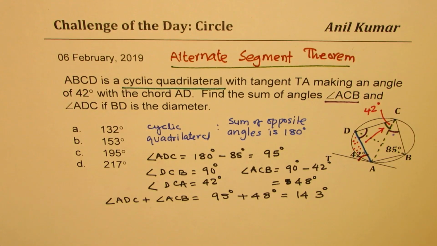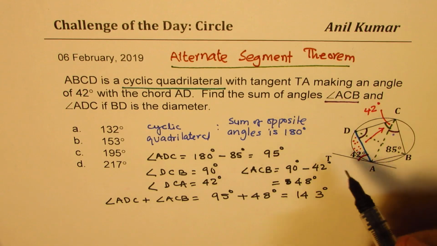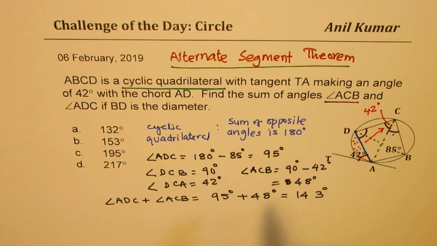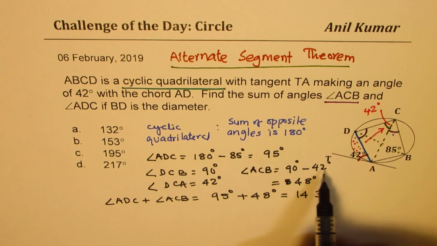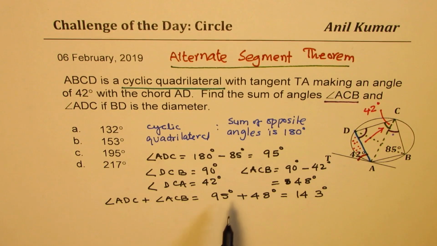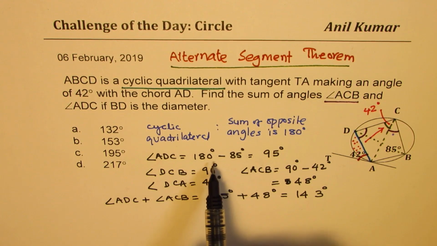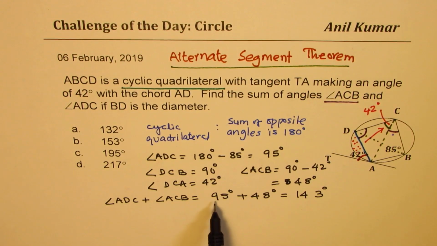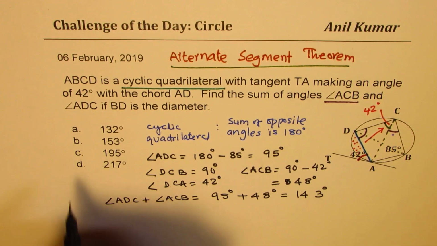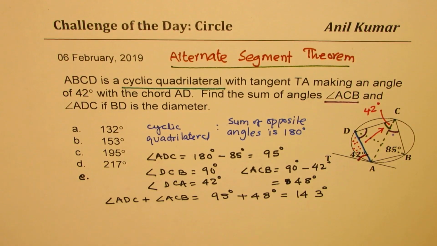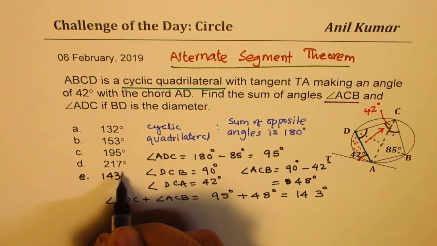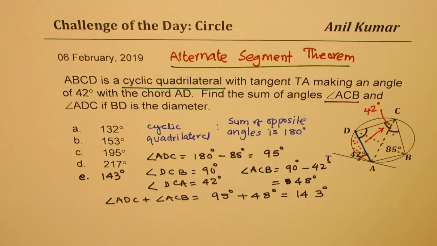I think the choices were slightly wrong. 90 minus 42 is 48, and this angle here is 180 minus 85, so 95. When you add 95 and 48, you get 143. So I'm sorry, the correct answer is not there. It should have been, let me write option E, which is 143 degrees. So that is the correct answer.